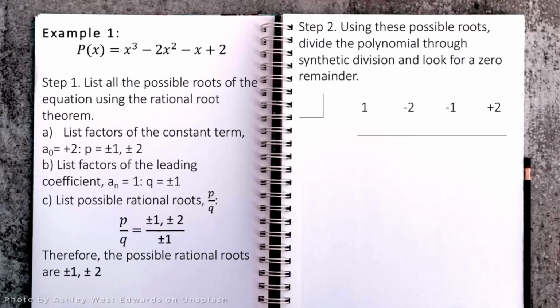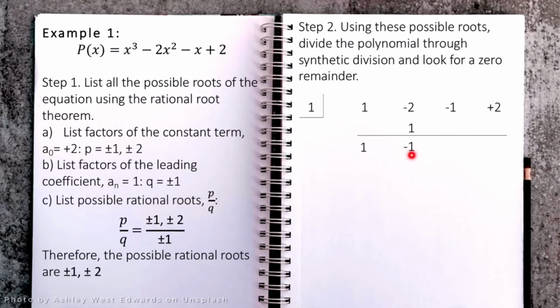And then, we're going to use the easiest one, which is positive 1. This is the possible root that we have, positive 1. And then, using synthetic division, the first thing to do is to bring down the leading coefficient. And then multiply. 1 times 1 is 1. And then add. Negative 2 plus 1 is negative 1.